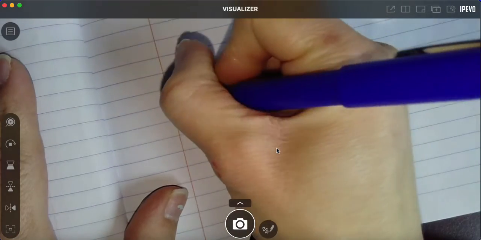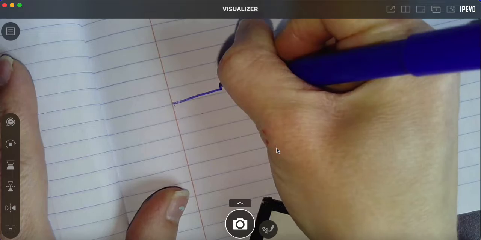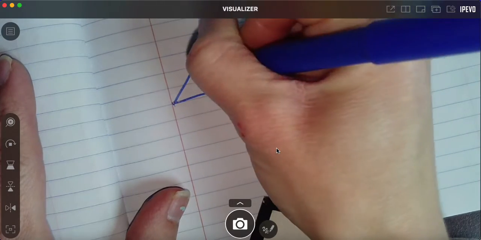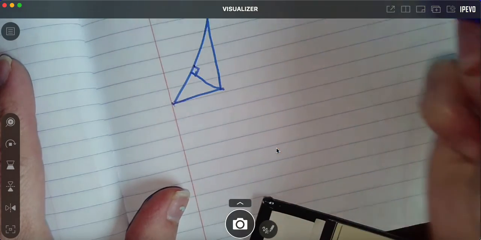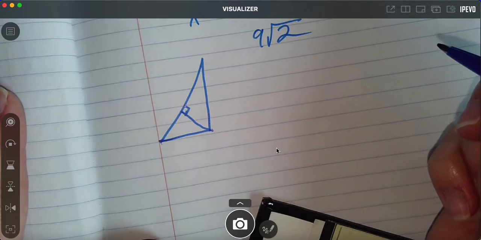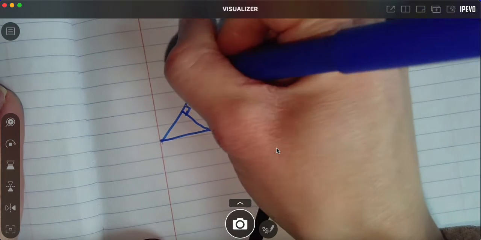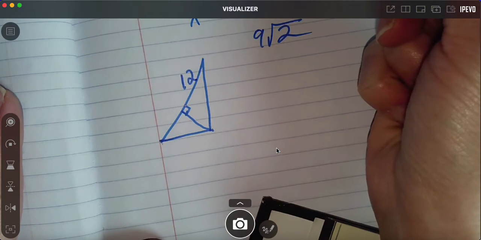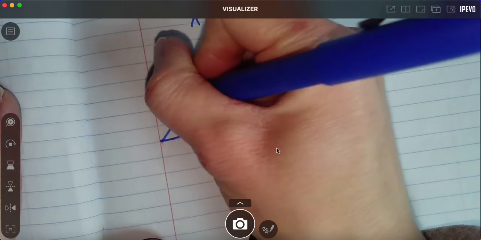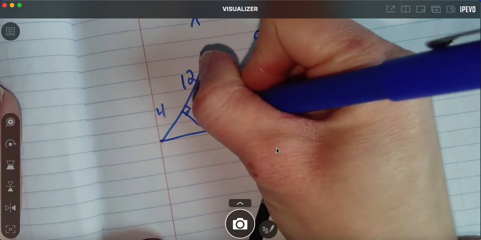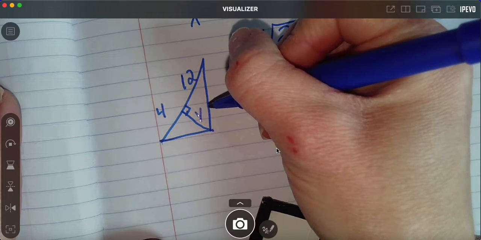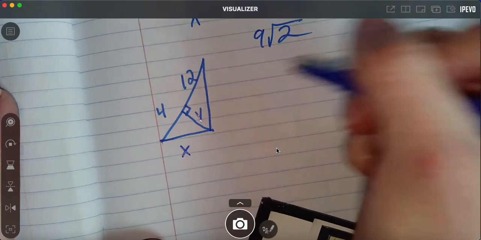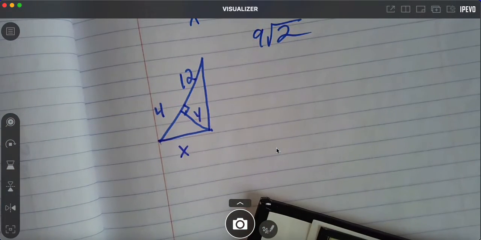If I have this triangle, here's my altitude, okay? That's the height of the triangle. And they give me some information. I know that this segment is 12. This segment is 4. This is Y. And this is X. I can't actually use that one yet. Can I?